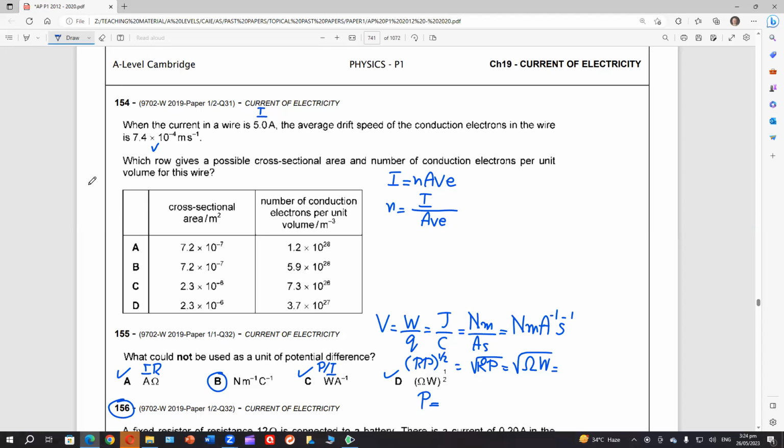Now, either I should try to solve it by trial and error because there are two unknowns, cross-sectional area and number of conduction electrons. I have the current, which is 5, but I don't have the area. I have the velocity.